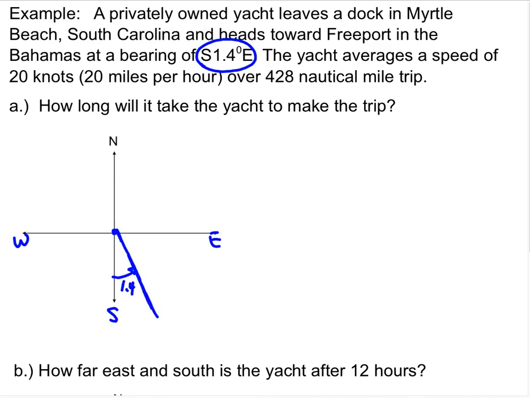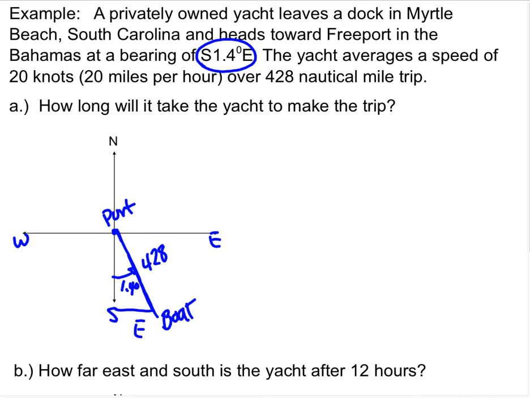So here's our 1.4 degrees. The direction that you're going is east from the south. And the boat is traveling 428 miles. And now here's your boat down here. Here's the port where you started. How long will it take the yacht to make this trip?